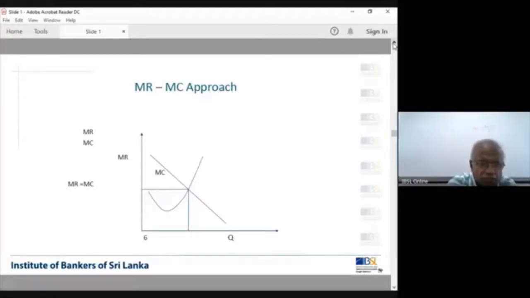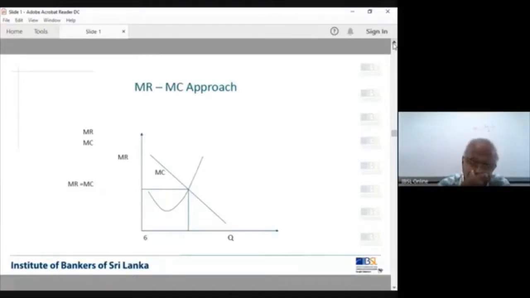MC should come here. The MR curve is a downward sloping curve. You can draw that. The output level 6 should be here, at this point of intersection. The MC curve is a U-shaped curve, and the MR curve is downward sloping.